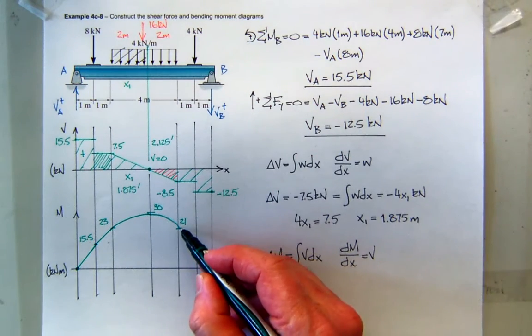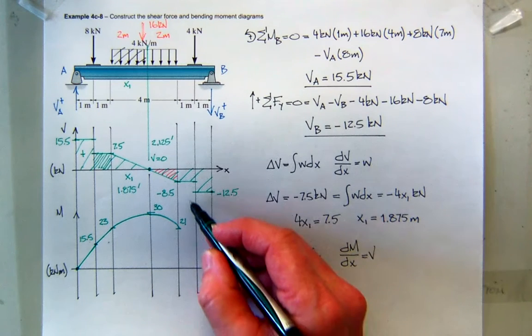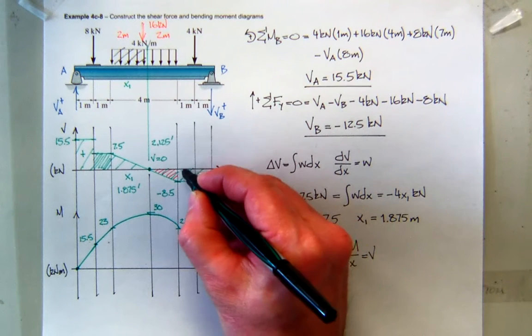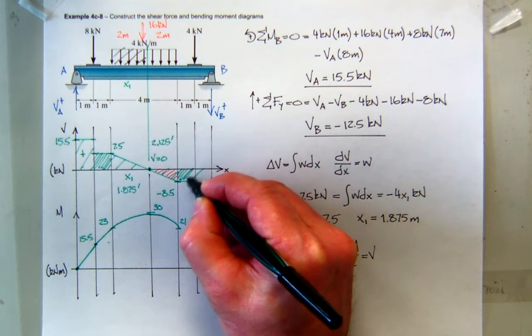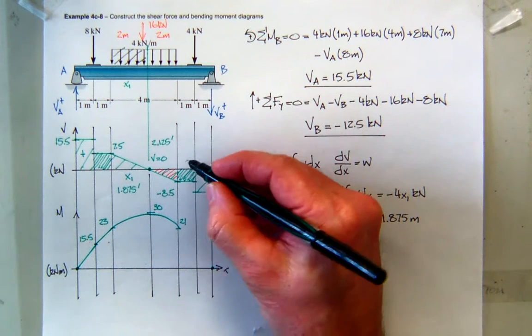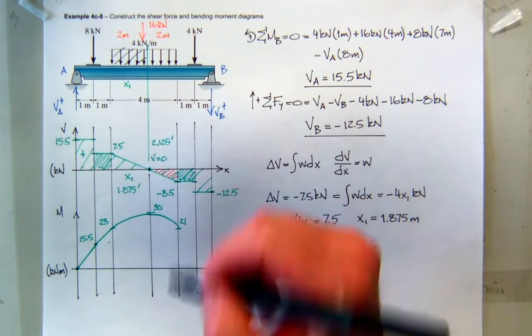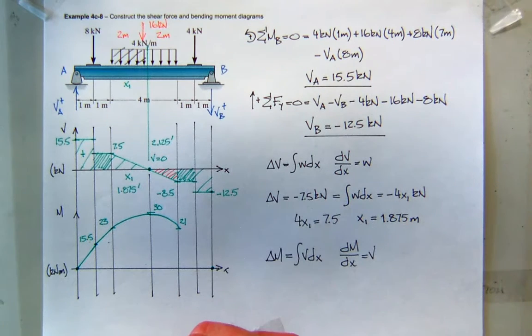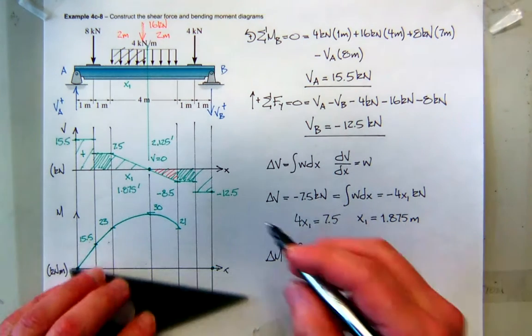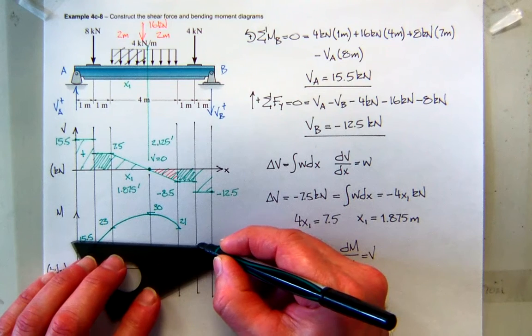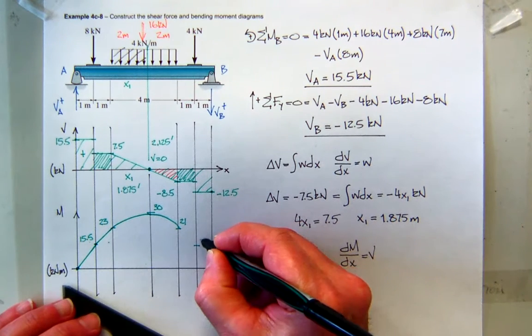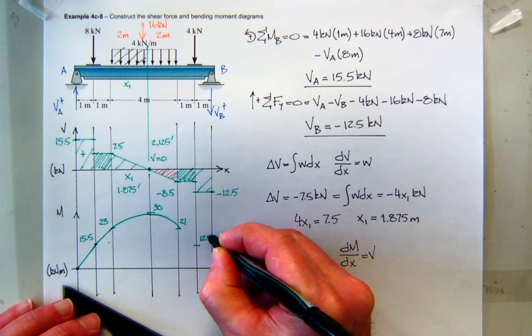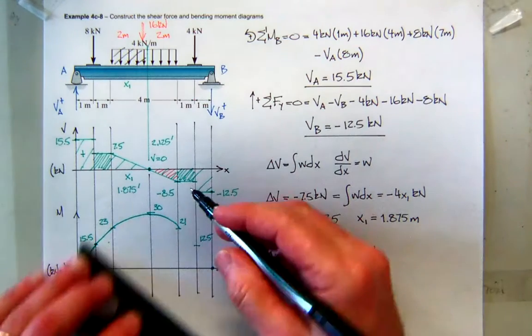All right, what's the change over this next 1 meter? It would be this part of the curve, and that's 1 times negative 8.5. So what's 21 minus 8.5? 12.5. That slope is constant and negative.